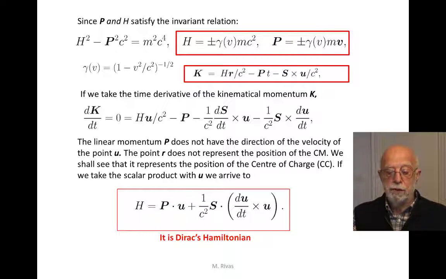P will be represented by ħ over i times the gradient operator, and U is replaced by the corresponding operators in terms of Dirac matrices, and this will give rise to Dirac's equation.